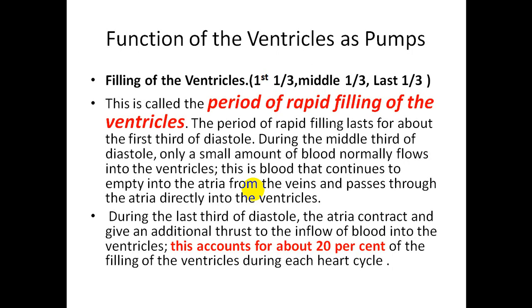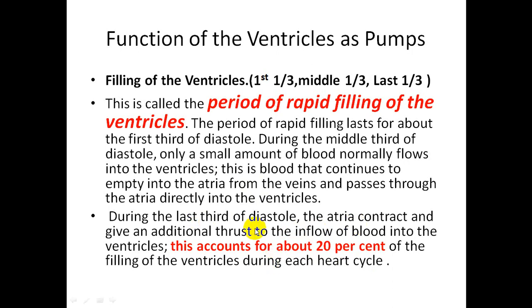While the last third, as we said, is the atrial kick during atrial contraction, and this is 20% of the filling of the ventricle. In a healthy and fit person, if we lose the 20%, it is clinically unlikely to be noticed, but in the abnormal or diseased heart, it is very important.